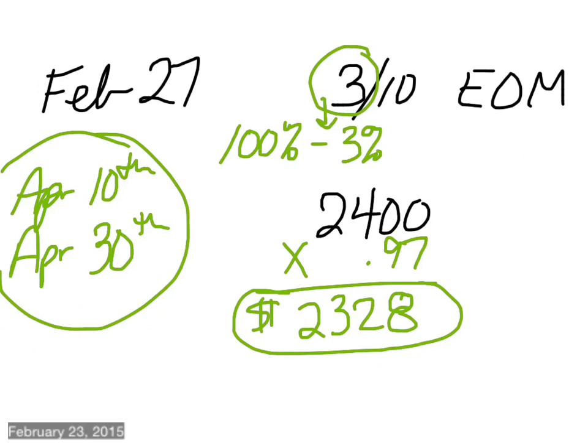Okay, when it comes time to do the test on Wednesday, the only time that I would really do it the way we did the first one is probably when they say, what is the discount? Then I would have to do it that way. But if they say, what's the cash price? I think the complement method's easier. It's one multiplication, really, because you understand what the complement is.